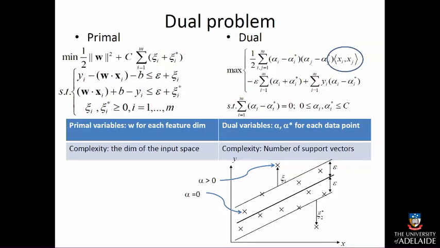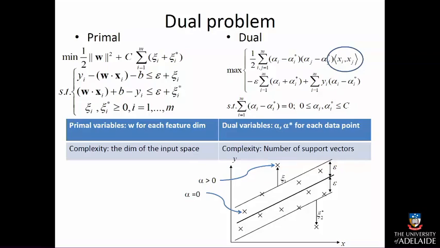Sometimes it's also called RBF kernel. I'm not going to derive the dual problem from the primal here, but it follows the same procedure as in the case of support vector classification. Exactly the same.